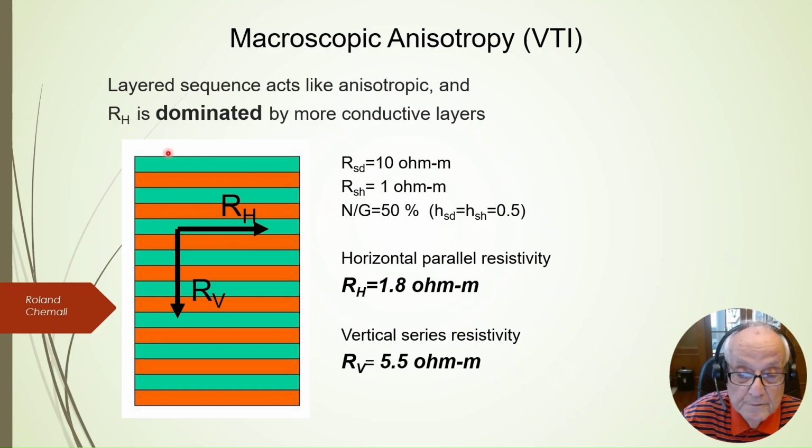If you could measure the vertical resistivity, because now the layers are in series in the vertical direction, instead of 1.8 ohmmeters it would be 5.5 ohmmeters. So the anisotropy is a clear indication of layering and a strong suggestion of the presence of hydrocarbon.